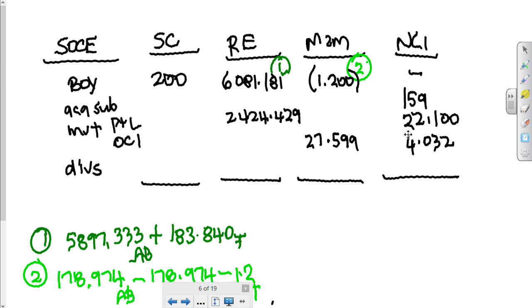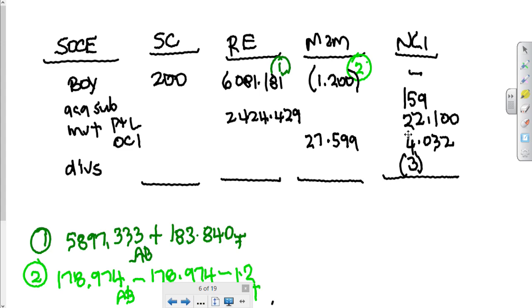How much is the NCI's percentage share of that? 20%. So 20% of 15 is 3. Do you agree?